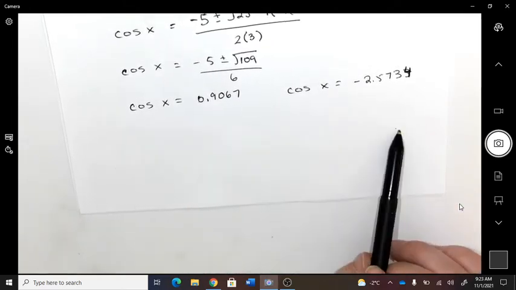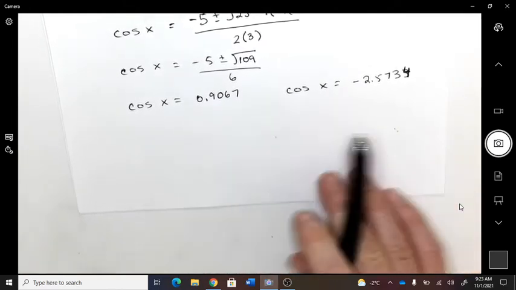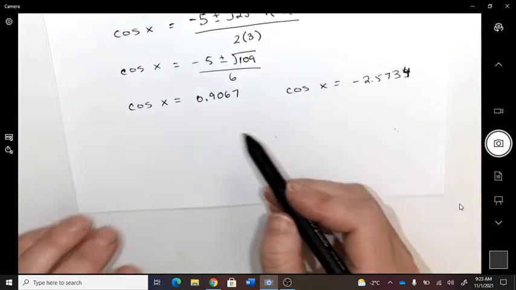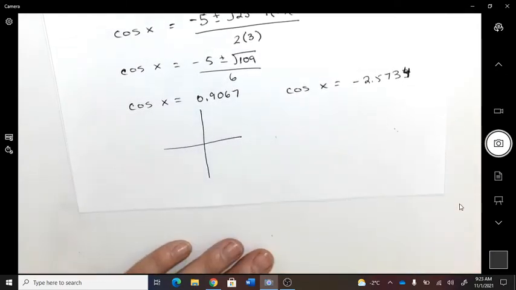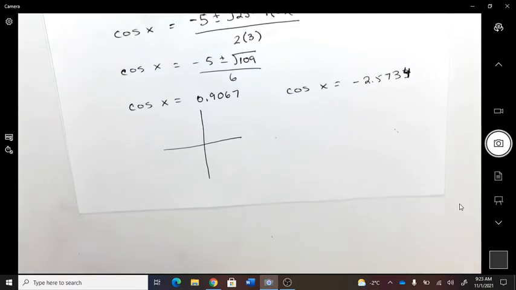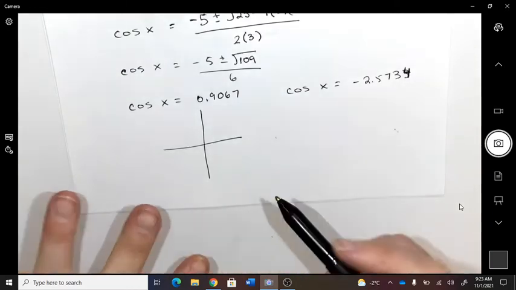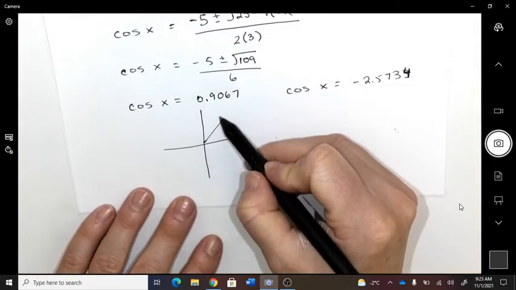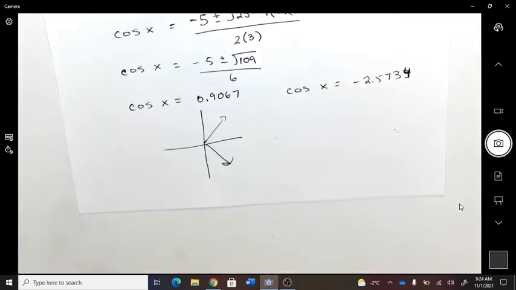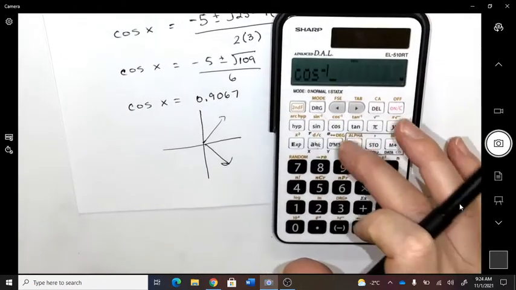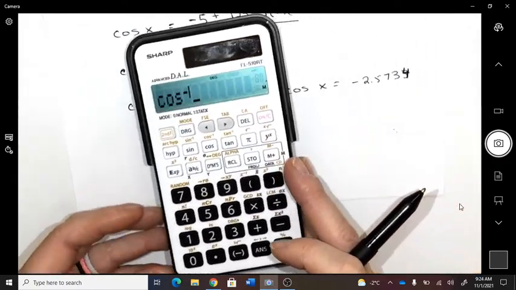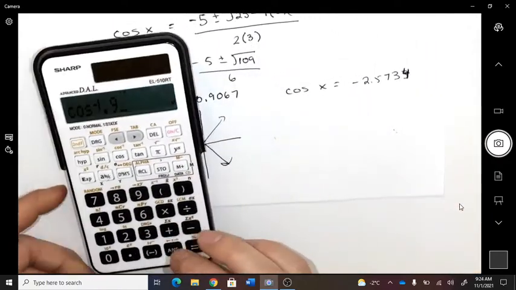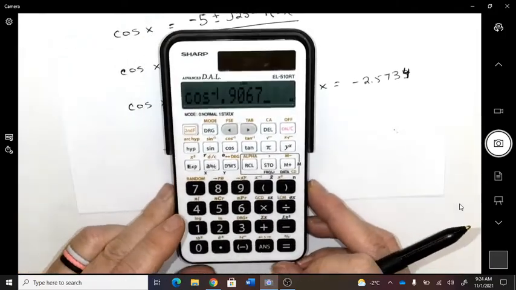We're good with the typing, everyone? Somebody's matching me at least. Okay. So I'm going to tackle this one first. So 0.9 is positive, so I'm on the right side. It's a positive trig value. Okay, I'm going to cos inverse 0.9067.